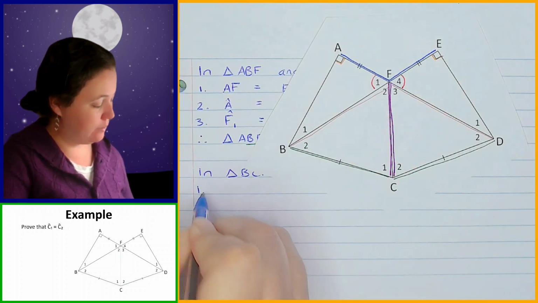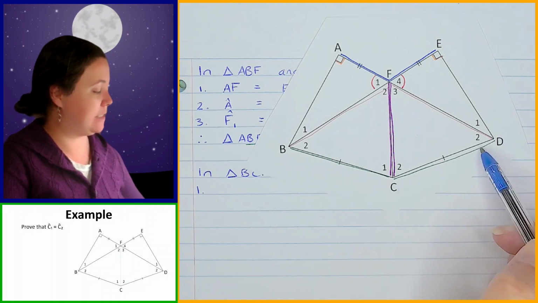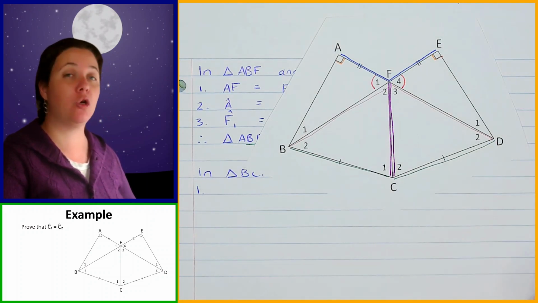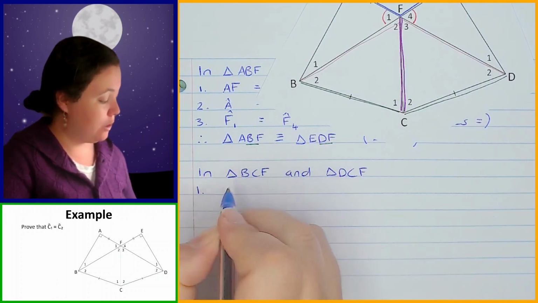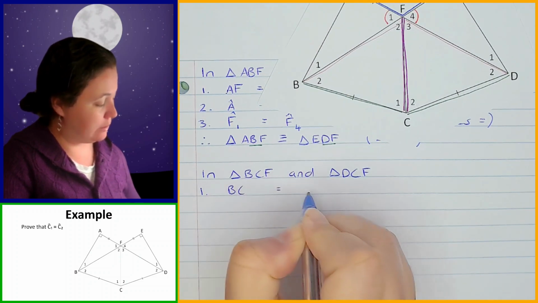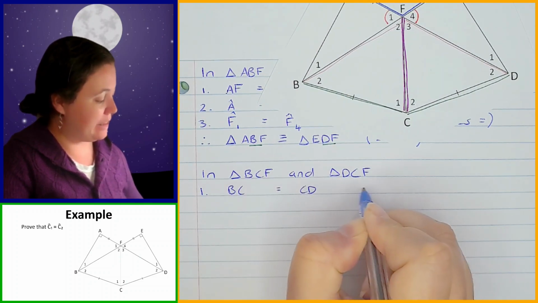So first, I have BC equal to CD. I know that those are equal because they told me that. Okay, so BC equals CD, and that is given.